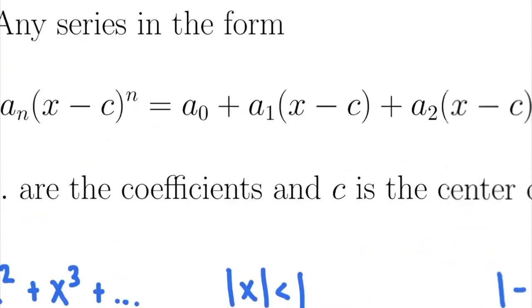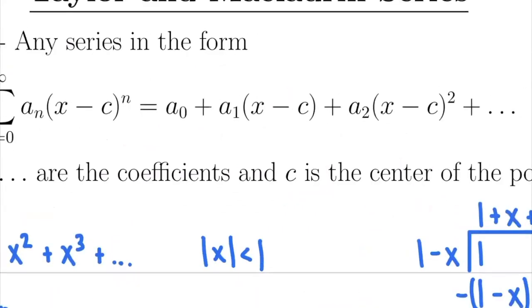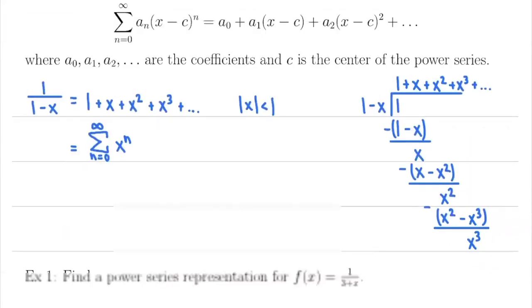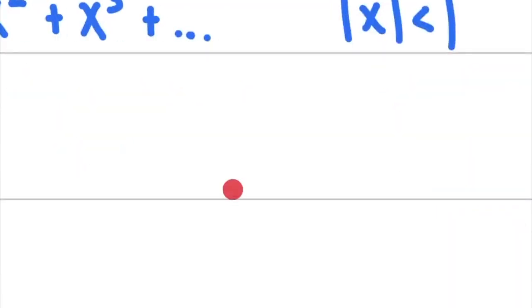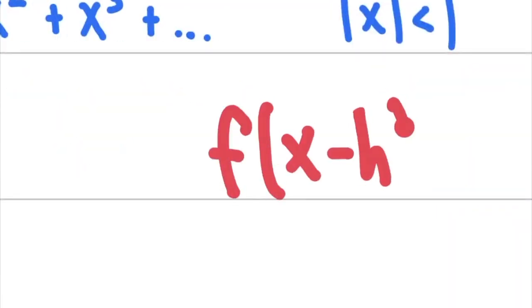And like I said, c is the center. And this c, you can think of it as the shift. So you learned about shifts back in algebra. For example, if you had an f of x minus h situation, h would shift the graph of the function either to the right or to the left.